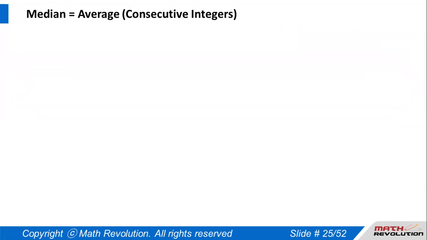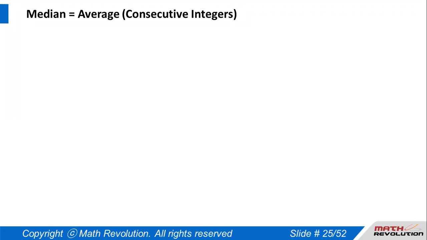Let's talk about this property now. This is one of the properties that would be utilized in solving a lot of questions on GMAT quant. If there are consecutive integers, and we understand what consecutive integers are, the difference is 1 between them, like 1, 2, 3, 4, 5, or 11, 12, 13, 14, or 29, 30, 31. These are all sets of consecutive integers.